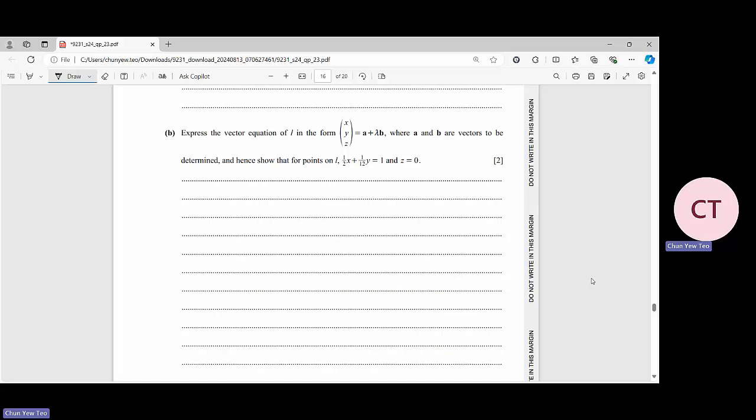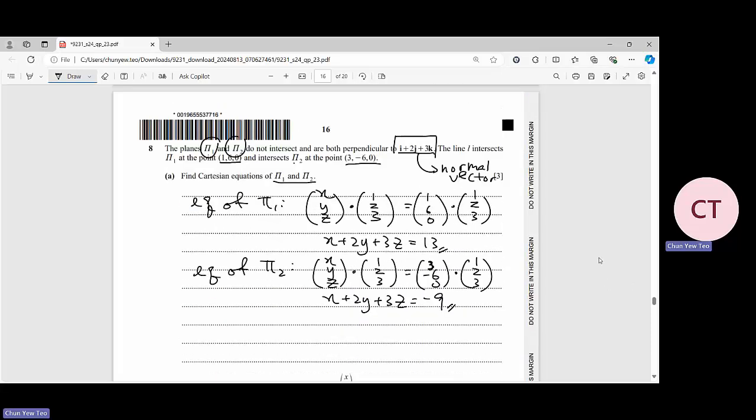Moving on, B. Express the equation of line L in the form of this, where a and b are vectors to be determined. Hence, show that one half x plus 1 over 12 y equals 1 and z equals 0. Okay, equation of line L. Line L passes through these 2 points.